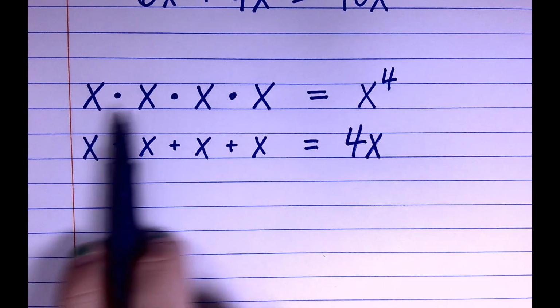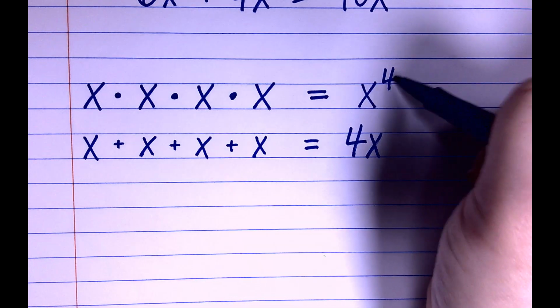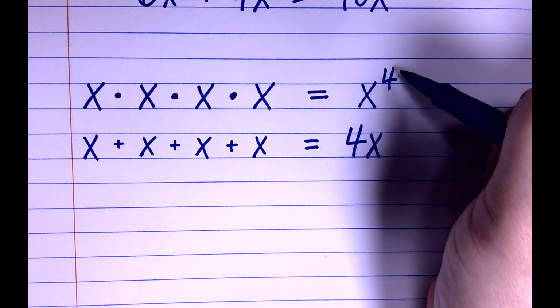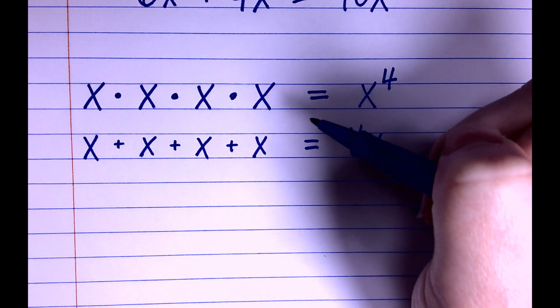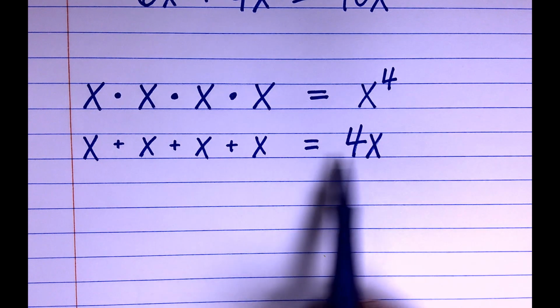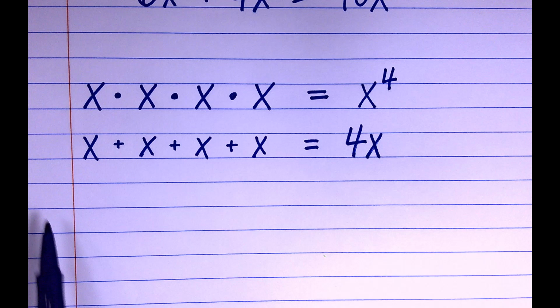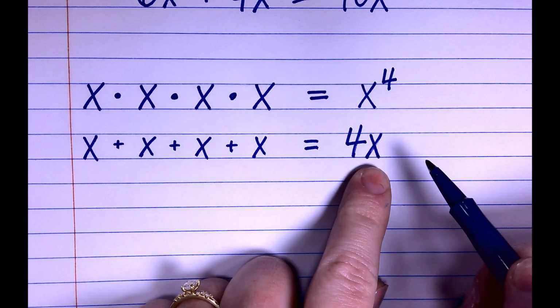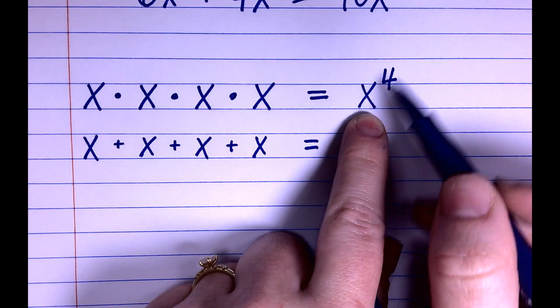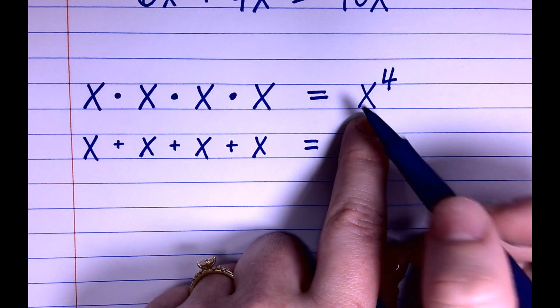What's the difference here? An exponent refers to how many times I am multiplying that thing. That thing is an x. The coefficient here tells me how many of this thing, how many x's do I have. I have 4 x's. This doesn't mean I have 4 x's, x to the fourth power. It means I have x multiplied by itself 4 times.